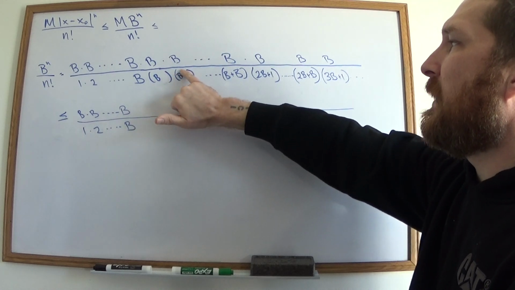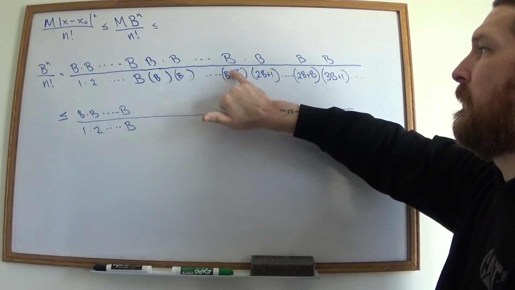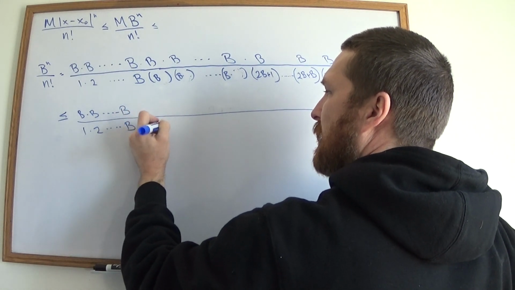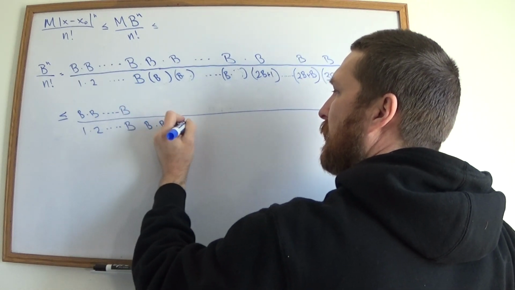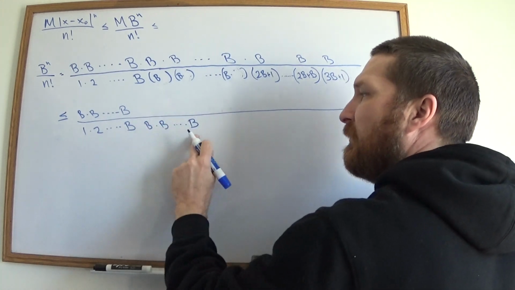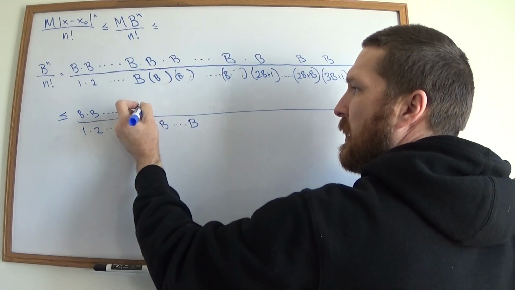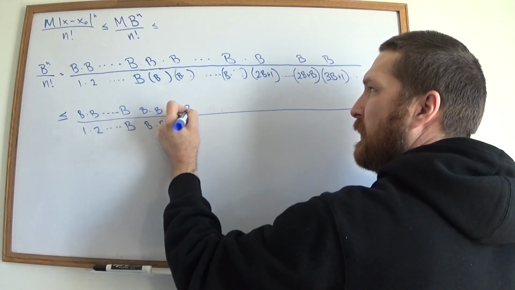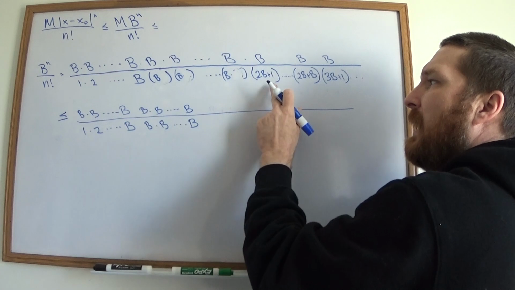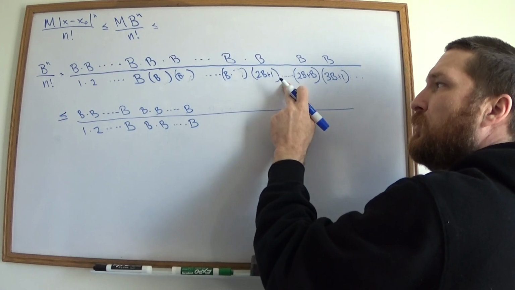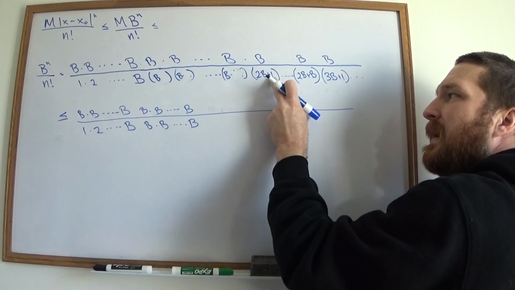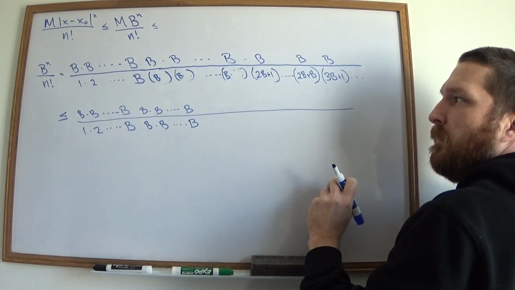I'm going to take off that plus right there, so that this is just b times b all the way up to b. And for every one of those, there's one of these on top. Now here at 2b plus 1, 2b plus 2, 2b plus 3, all the way up to there, I'm going to make each one of those smaller too.